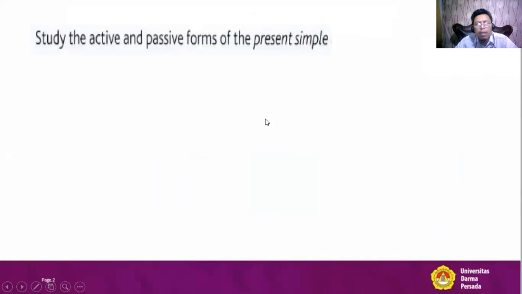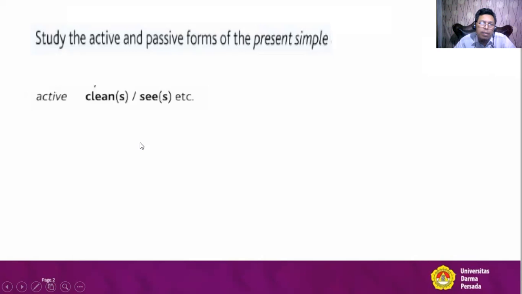Now we are talking about the pattern, or the forms. Study the active and passive forms of the present simple. We are talking about the forms of active, the forms of passive, or the pattern of active and the pattern of passive, but we are focusing on the present simple. Let's see.